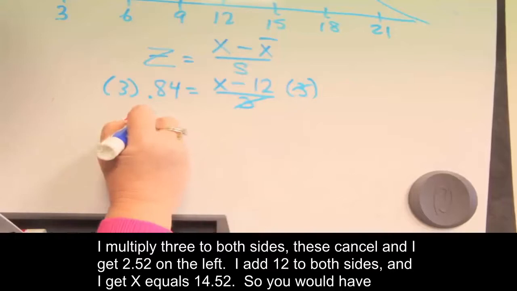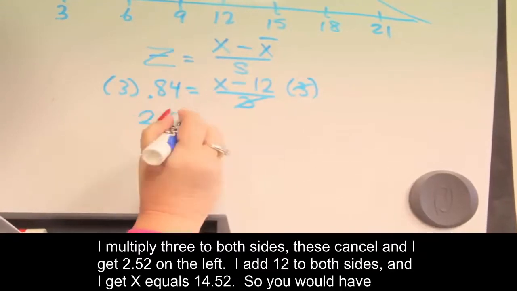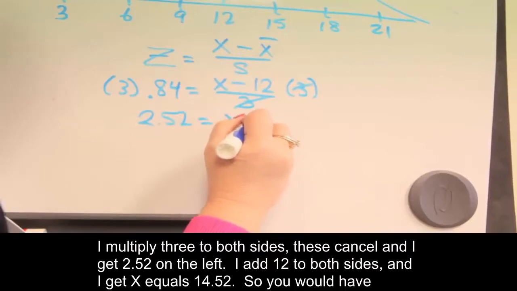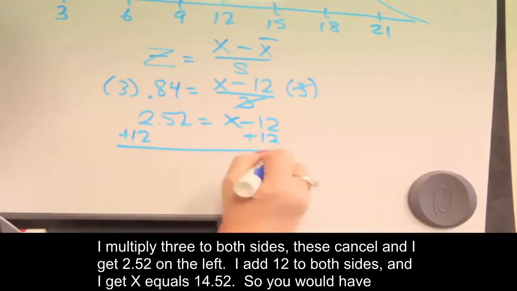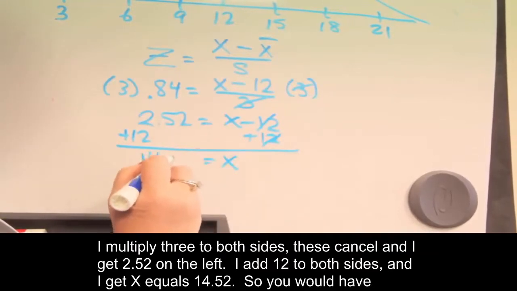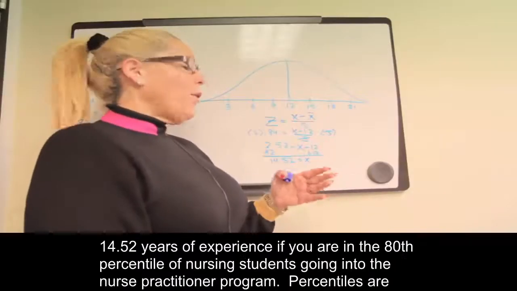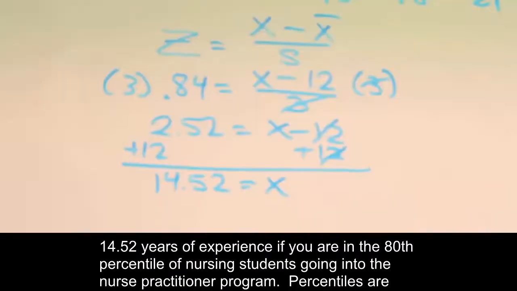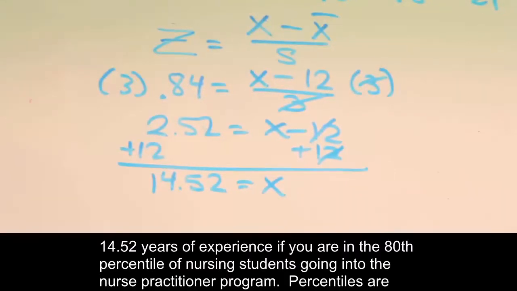These cancel, and I get 2.52 on the left. I add 12 to both sides, and I get x equals 14.52. So you would have 14.52 years of experience if you were in the 80th percentile of nursing students going into the nurse practitioner program.